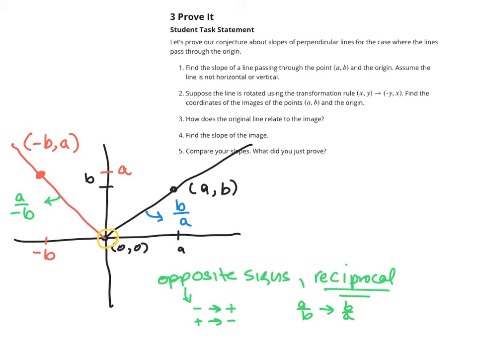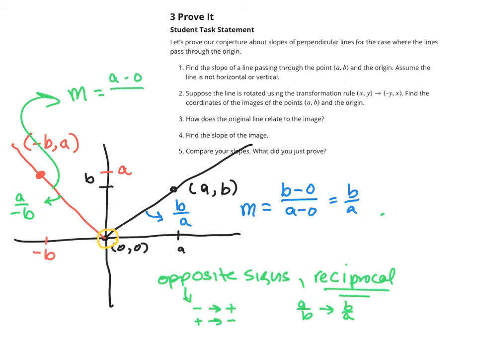If we're actually calculating slopes, it's change in y over change in x. So b minus 0 over a minus 0 equals b over a. And calculating this slope, change in y over change in x, a minus 0, let's be consistent, over negative b minus 0.